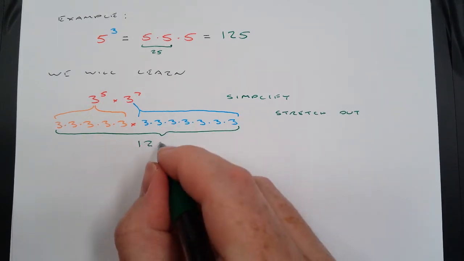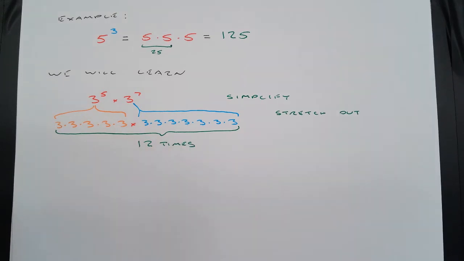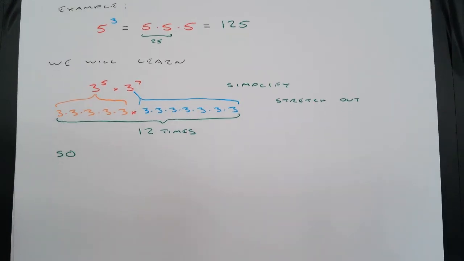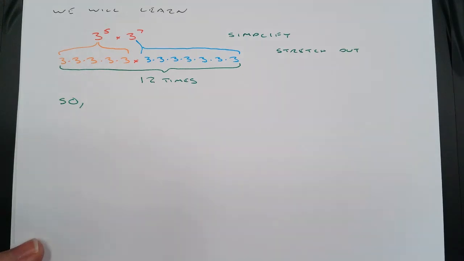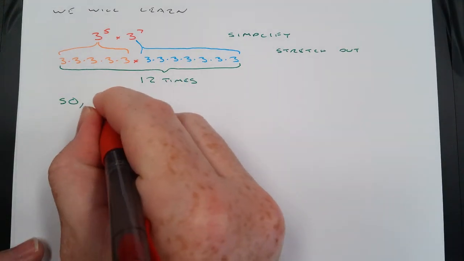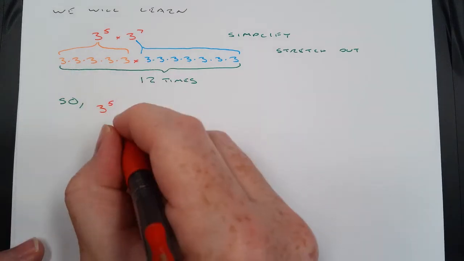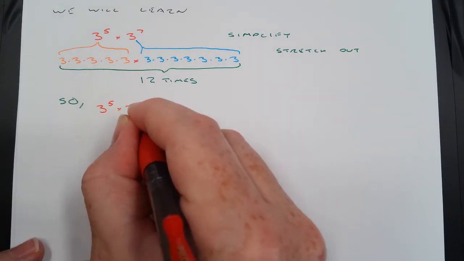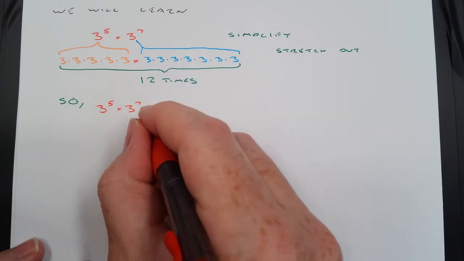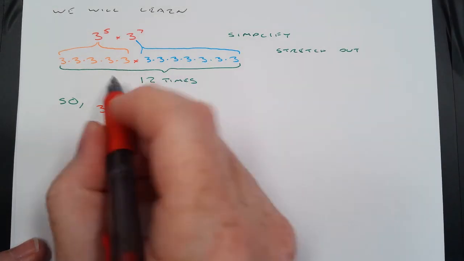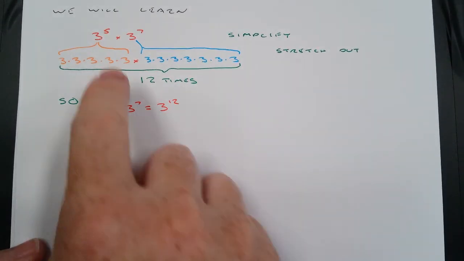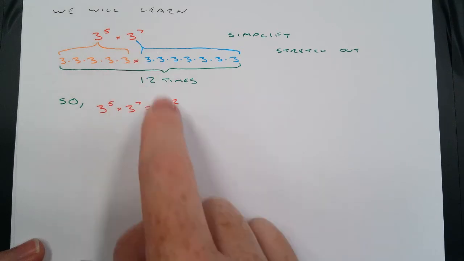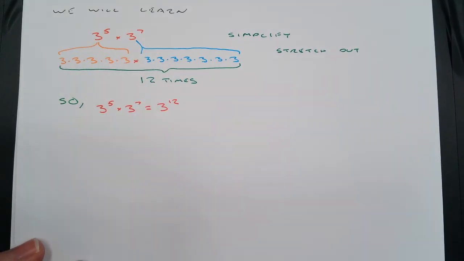So this is 3 12 times, which means we know that 3 5 times, the orange, times 3 7 times, the blue, equals 3 12 times altogether. So 3 to the 5th times 3 to the 7th turns in to 3 to the 12th.